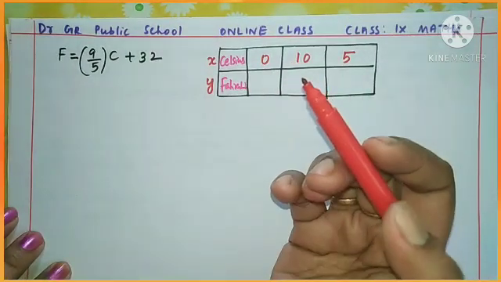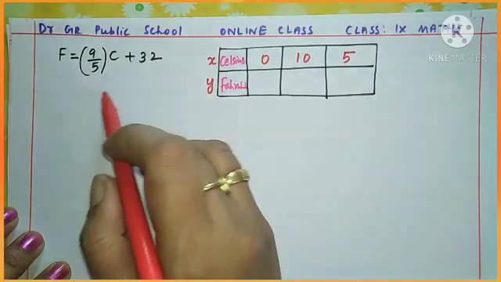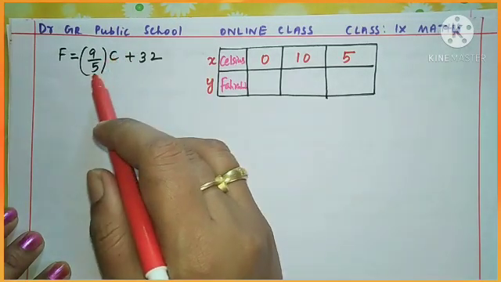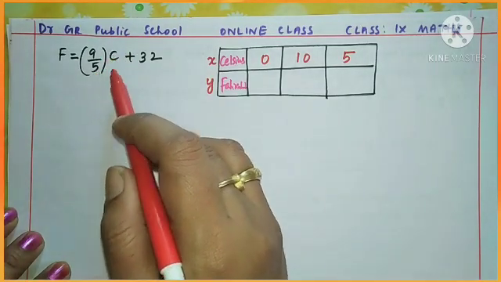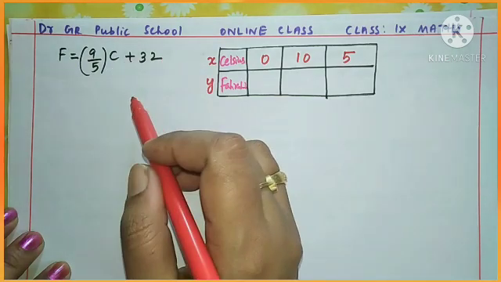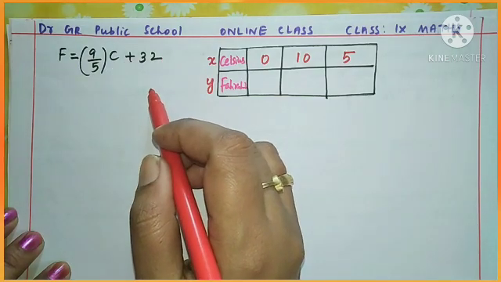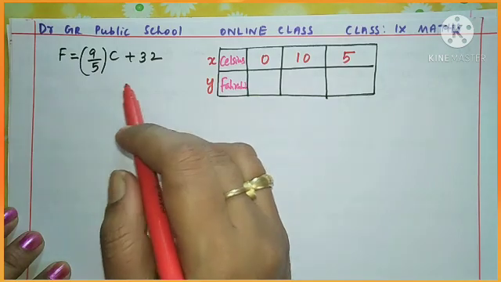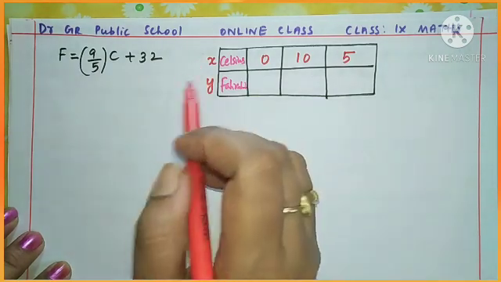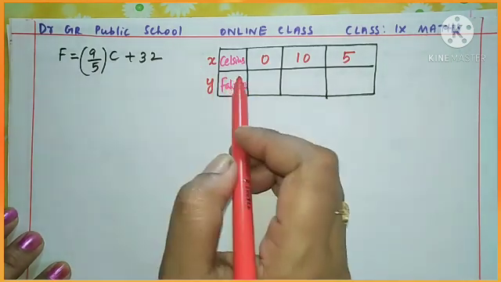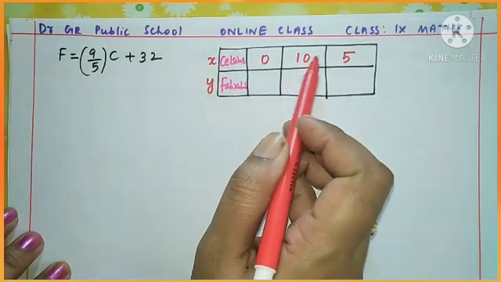For any other value also you can select, but if it is not cancelling or it is getting a decimal number, then it is a little bit difficult to plot in the graph. That's why I select the easiest way. So here I selected Celsius values 0, 10 and 5.